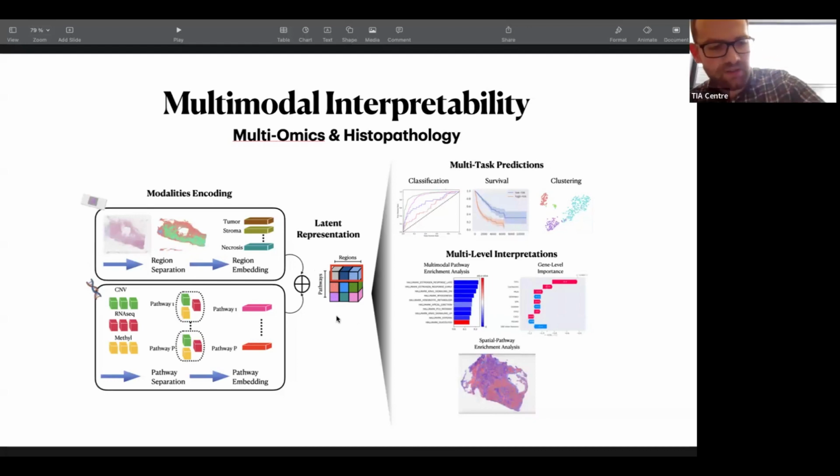Okay, may I ask a quick question here? Sorry. How did you go about getting the region-level representation? I didn't go through this detail, but it went through a model that I conceived in another paper that used a hypergraph representation for the whole slide image, so that we can delimitate the different clusters.